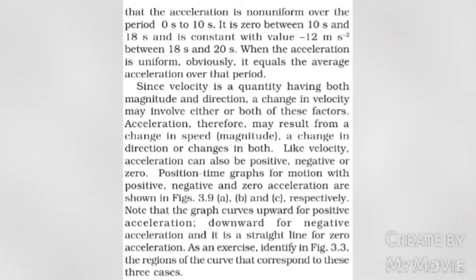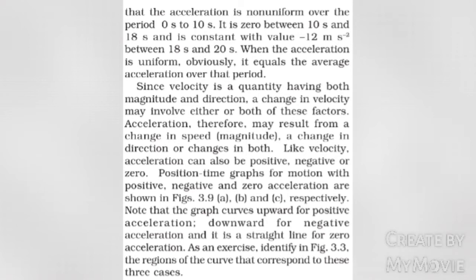Since velocity is a quantity having both magnitude and direction, a change in velocity may involve either or both of these factors. Acceleration therefore may result from a change in speed, that is magnitude, a change in direction, or a change in both. Like velocity, acceleration can also be positive, negative or zero.